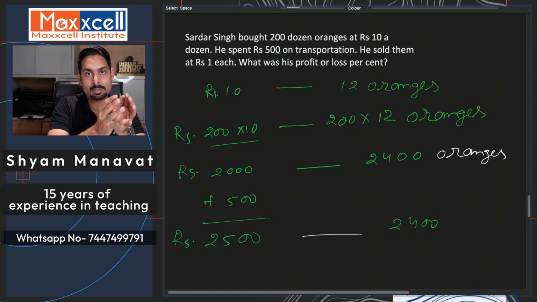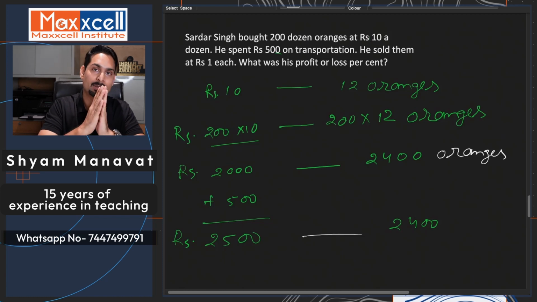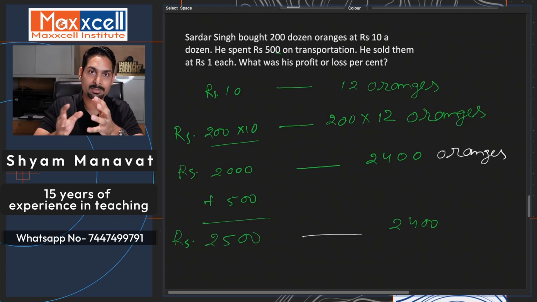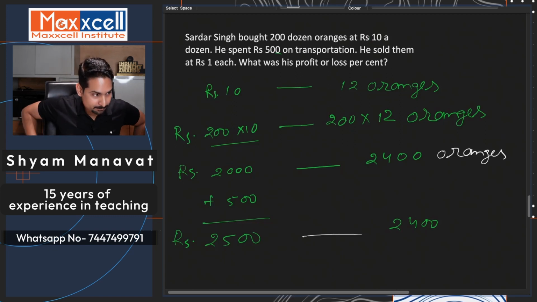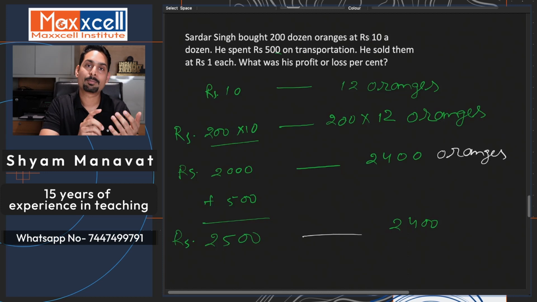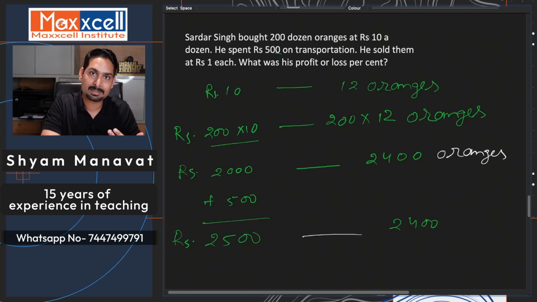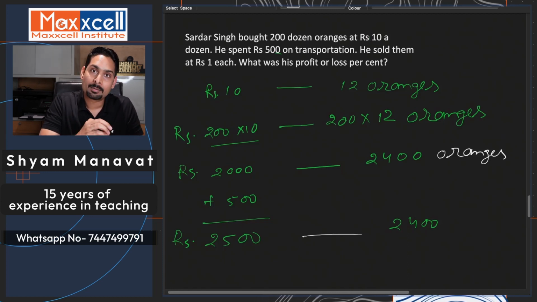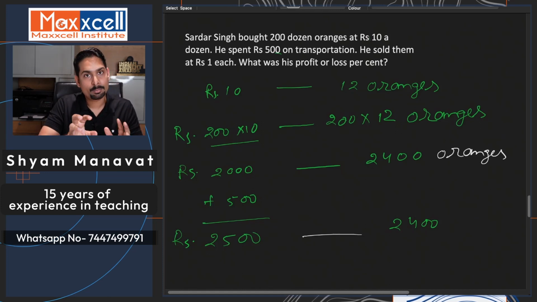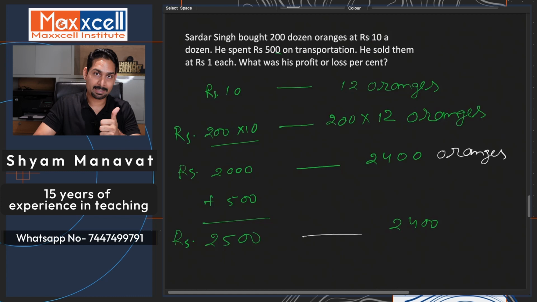The selling quantity and purchase quantity, both of them should be equal. Let me repeat. Whenever you need to calculate profit percentage or loss percentage, repeat with me. The purchase quantity and selling quantity, both of them should be equal, right?